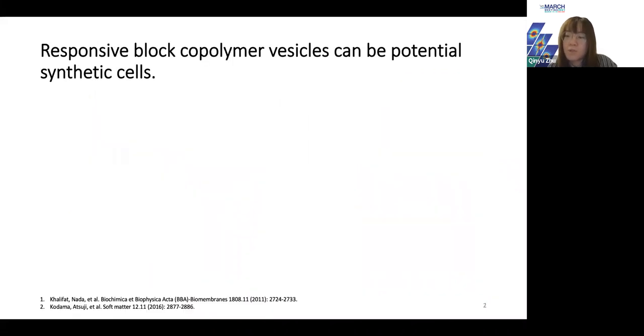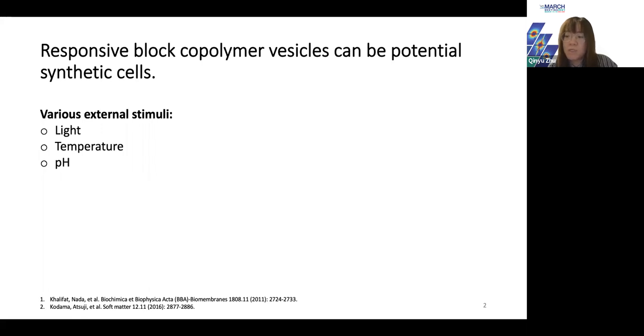Among all the potential candidates, responsive block copolymer vesicle is of particular interest because it has a similar basic structure to biological cell membranes, and they're relatively easy to prepare in labs. There are several types of external stimuli.